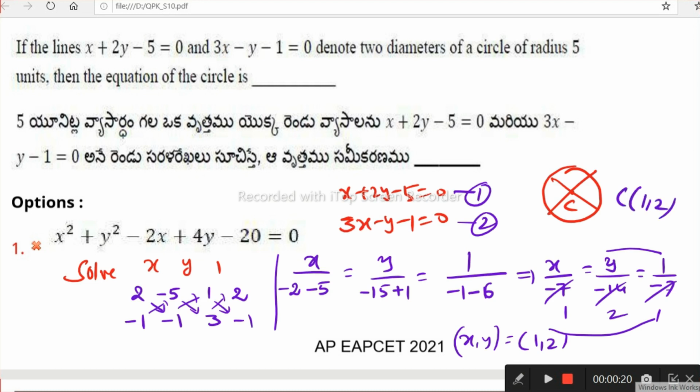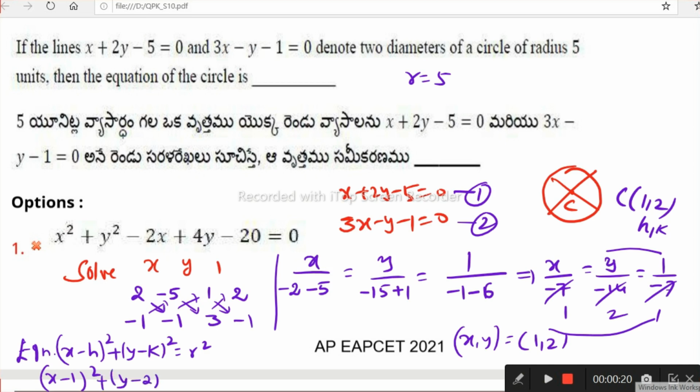The radius is given: r is given as 5 units. Therefore, what is the equation of the circle? The equation is, according to the formula, x minus h whole square plus y minus k whole square is equals to r square. Here (h, k) we got as (1, 2), and r is 5. Substituting, x minus 1 whole square plus y minus 2 whole square is equals to r square, 5 square, 25.